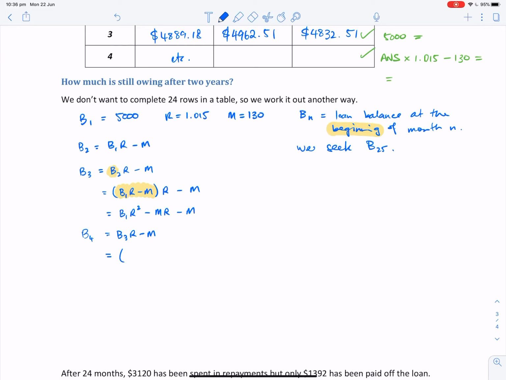So the B3R minus M, right? But what is B3? Well, we've got it here. So that's B1 R squared minus MR minus M. Right, so if we expand all this out, we get B1 R cubed minus MR squared minus MR minus M, and it's about time that we did this.